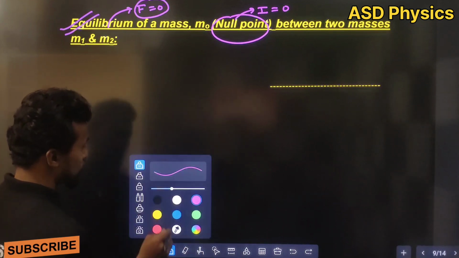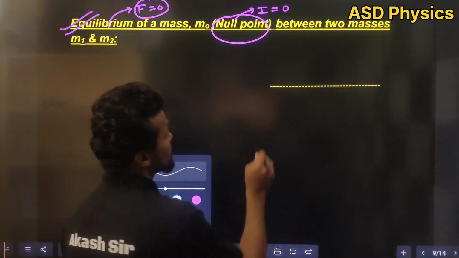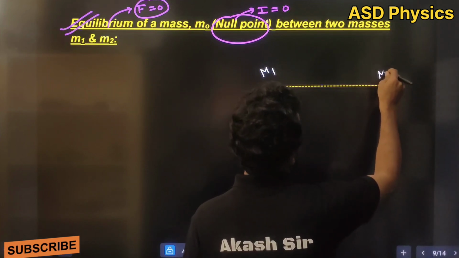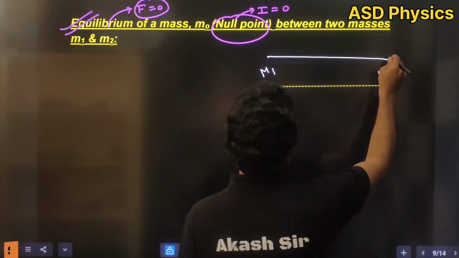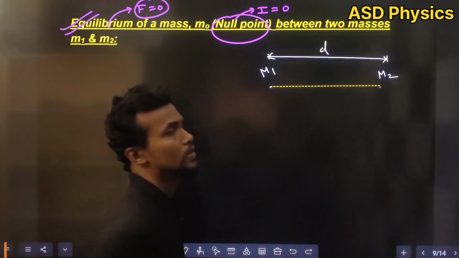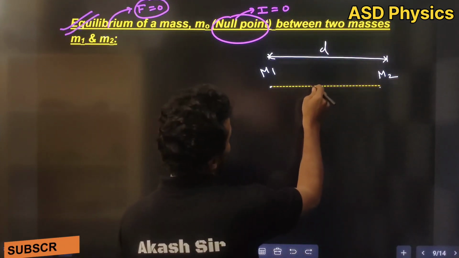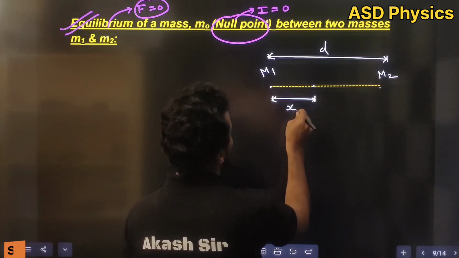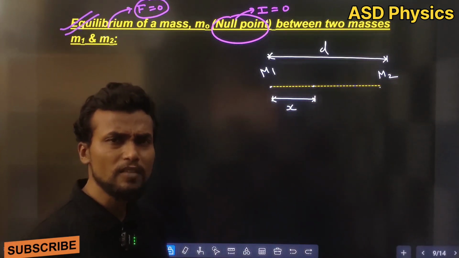Okay students, so let me just take the two masses here. This is mass m1 and this is mass m2. Let's take they are separated by distance d. Now after that, let's take a distance of x from m1, where the force is 0.